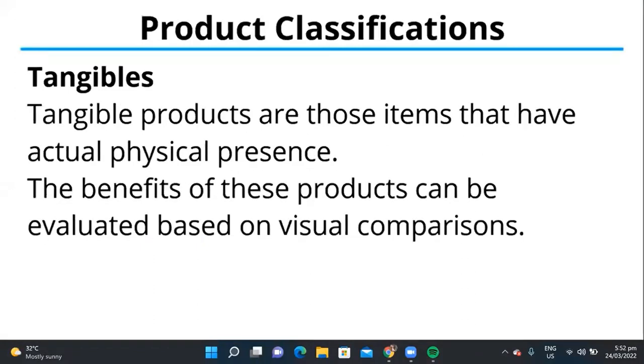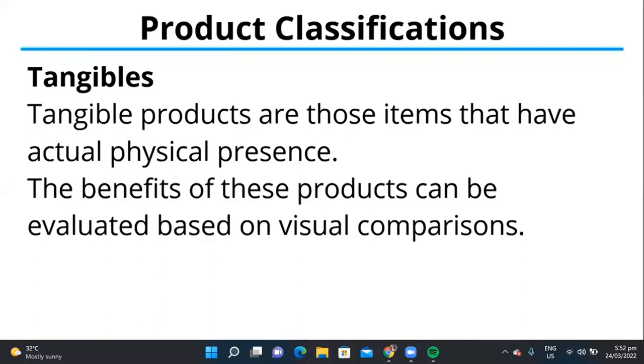So we have the following classifications of product. We have the tangibles, meaning ito yung nahahawakan, nakikita na products, no? Tangible products are those items that have actual physical presence. The benefits of these products can be evaluated based on the visual comparison.